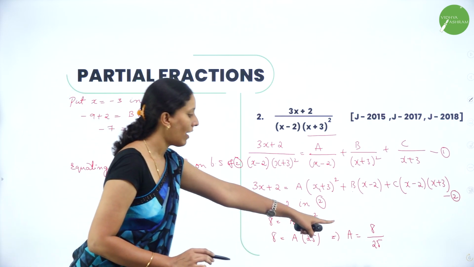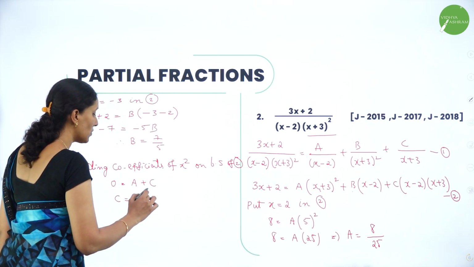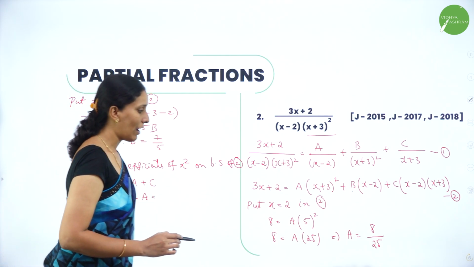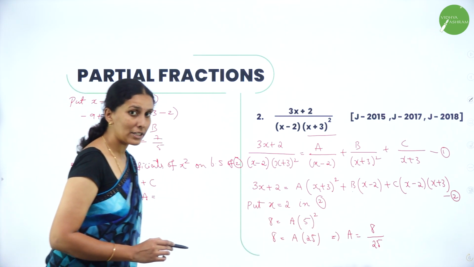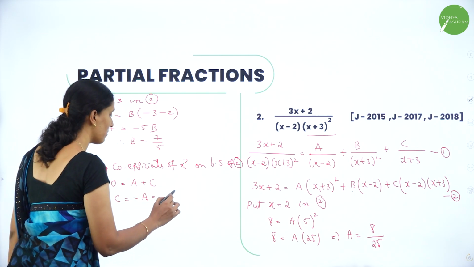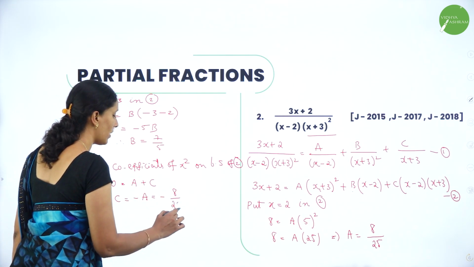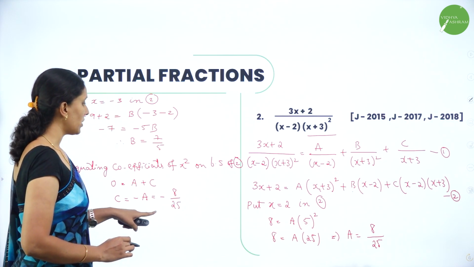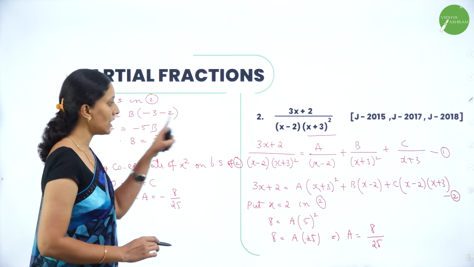And we have got the value of A as 8 by 25. So here C is minus 8 by 25. So now substituting the values of A, B, C in 1.